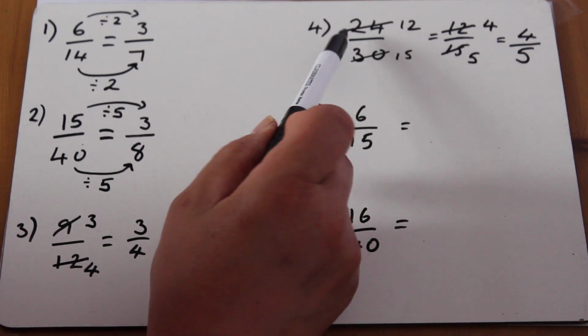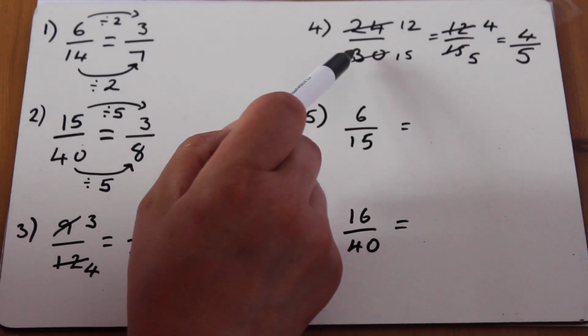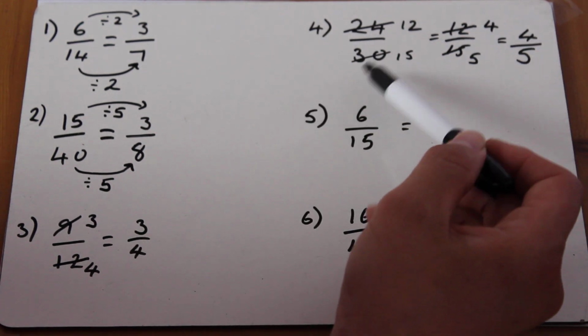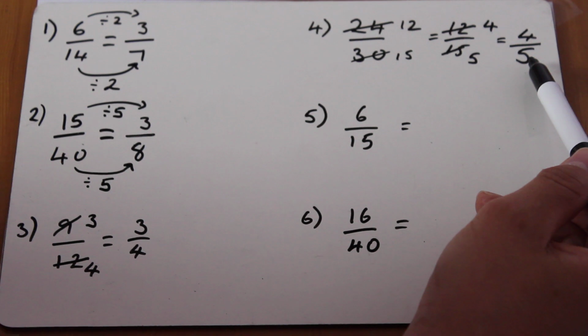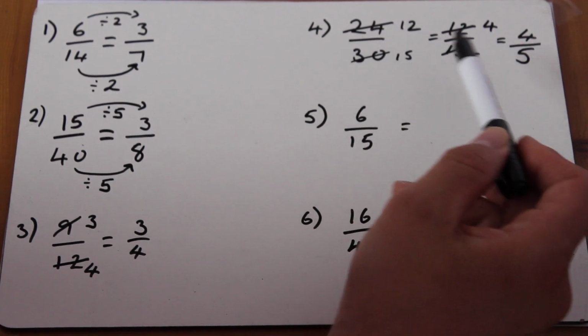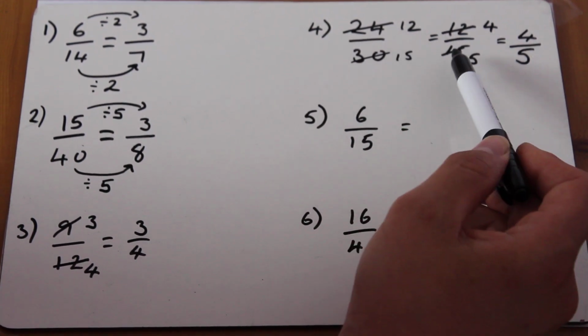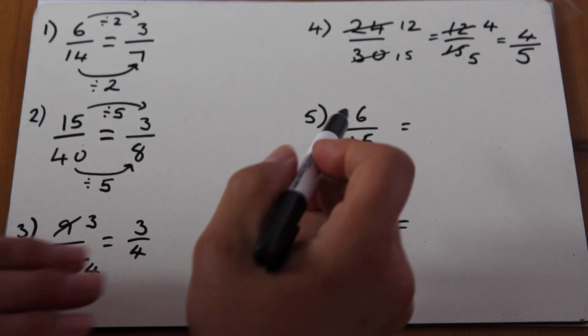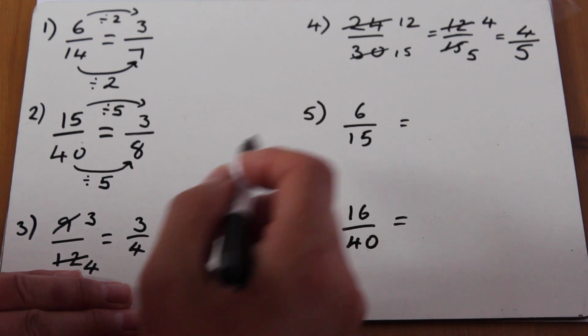So if you go back, it was originally 24/30. 6 goes into 24 4 times, 6 goes into 30 5 times. But it doesn't matter that I've taken extra stages here, I still end up with exactly the same answer. Alright, number 5, 6/15.